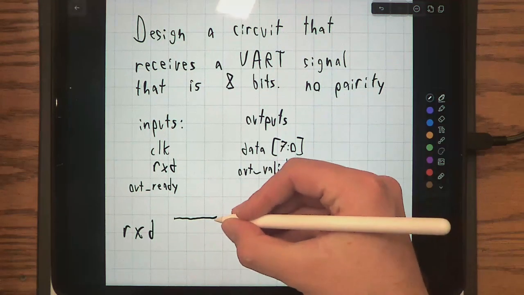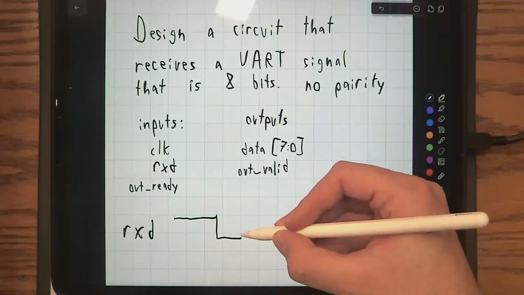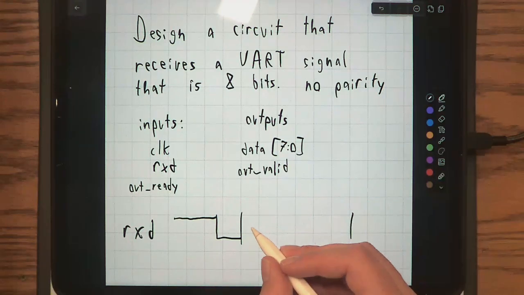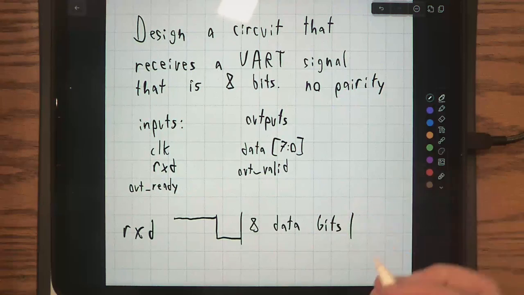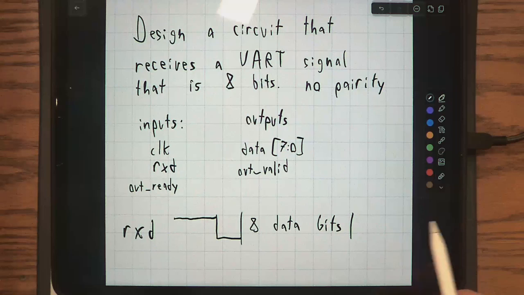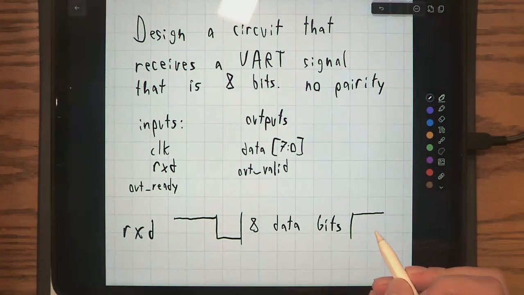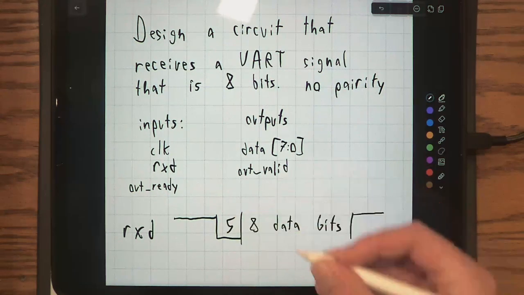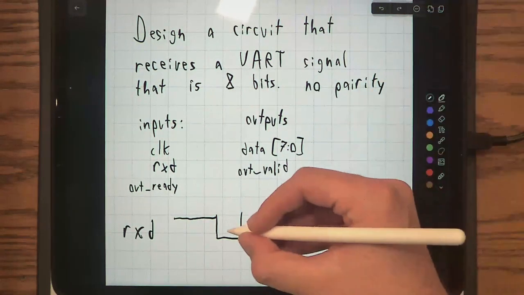Okay, so a start bit will be sent, and then after that we receive the 8 data bits. And then after that, what will the output be? 1s, yeah. And this would be the stop bit.